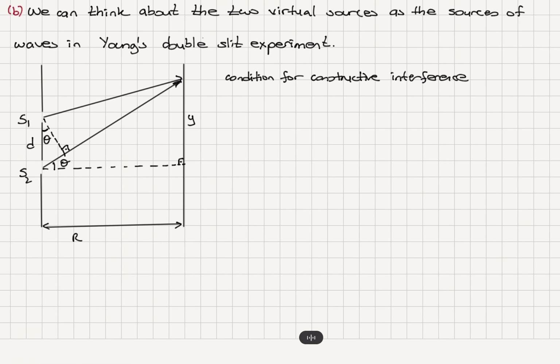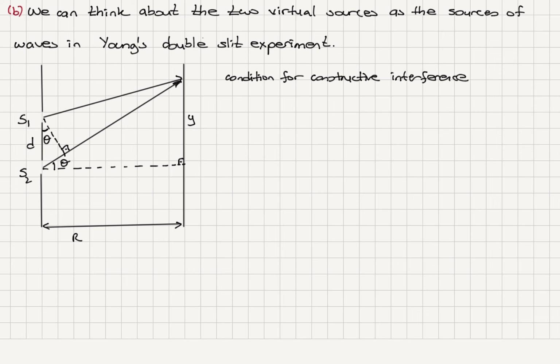In Young's double slit experiment, when these two virtual sources, S1 and S2, are separated by a distance d, the condition for constructive interference is found this way. If I drop a perpendicular here, these rays are approximately parallel to each other. The path difference here is going to be equal to d sine theta.